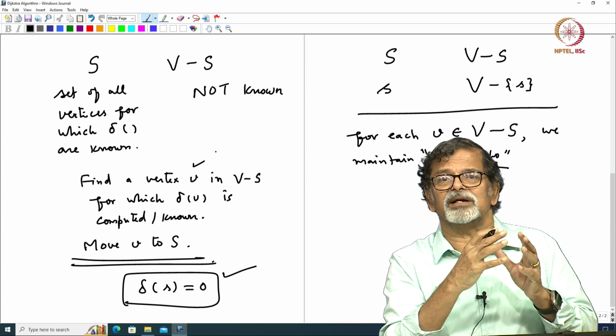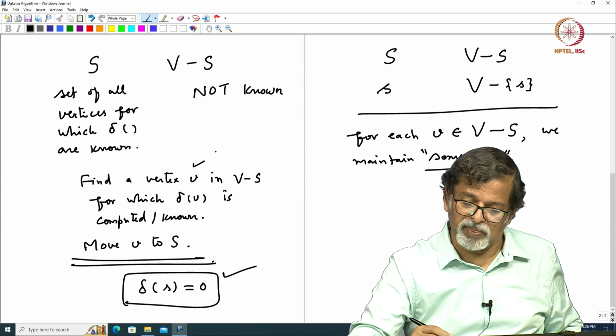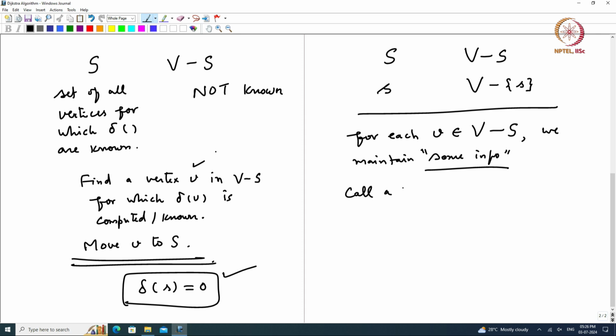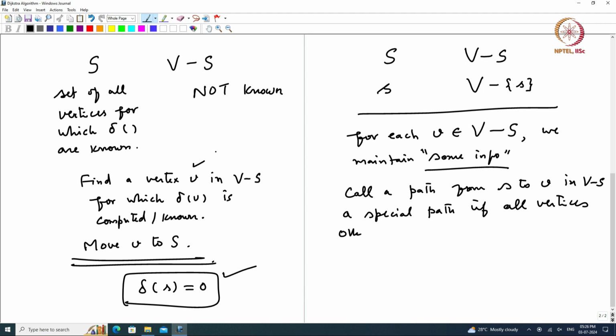So, we plan in the following manner. Call a path from S to V in V minus S a special path if all vertices other than V are in S. It is called a special path.